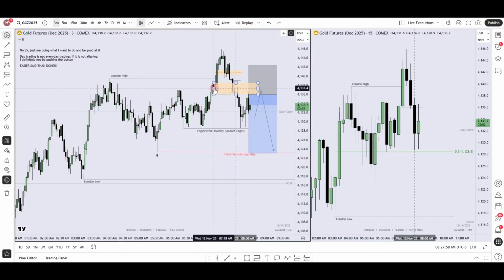On TradingView it's perfectly traded into it, and on my MetaTrader I just got to that high and it didn't tag me.